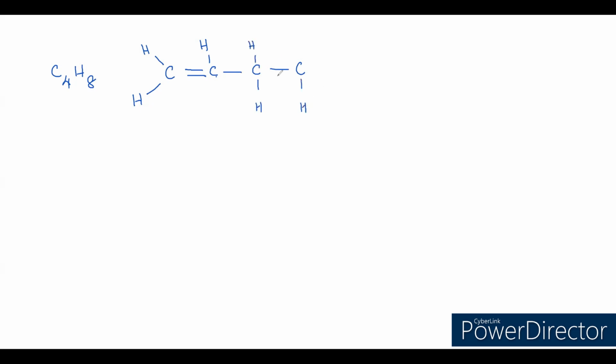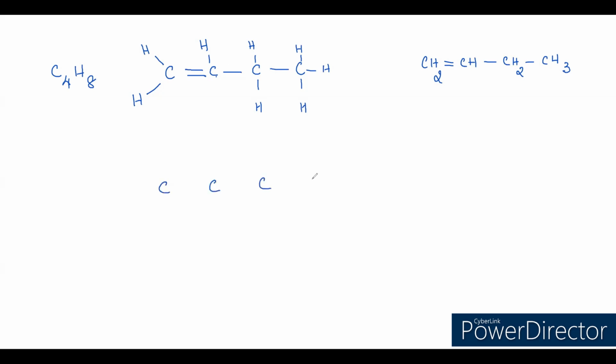Last position, only one bond is formed, so three more hydrogens are represented. Now, how do I write the condensed formula? CH2 double bond CH, CH2, single bond CH3.